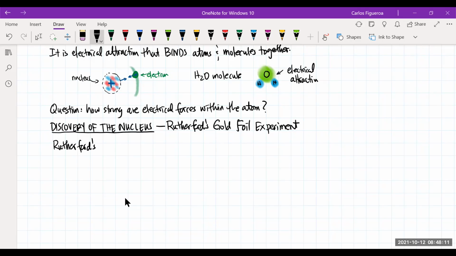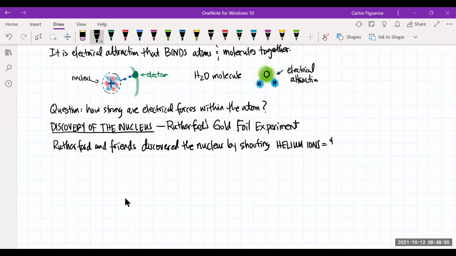And so Rutherford and friends, and what I mean by friends, I mean graduate students. The two graduate students were Moseley and Marsden. So Rutherford and friends discovered the nucleus by firing, maybe I shouldn't say firing, but shooting what are called helium ions.